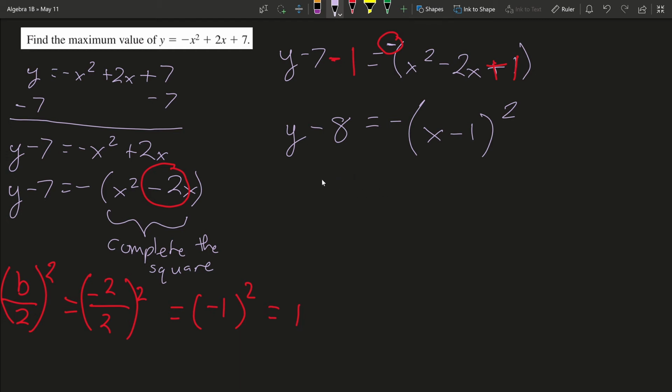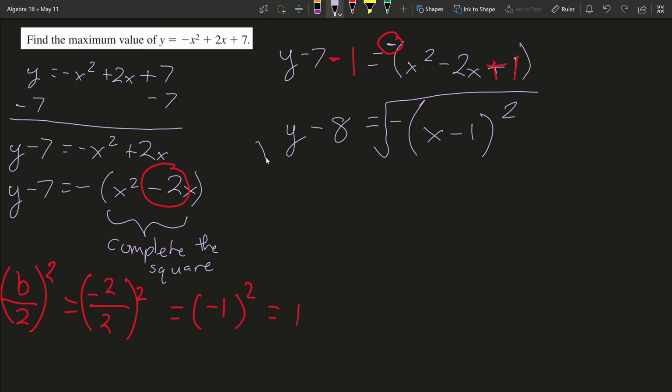Alright, so now what we can do here is we still have this negative and this 2 that we need to deal with. So now we're going to figure out how we can get rid of this. And we're going to do this by getting the square root of it. Actually, let's just go ahead and do it right here. So we can just square root this whole thing.